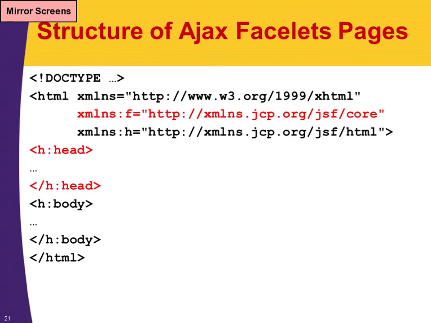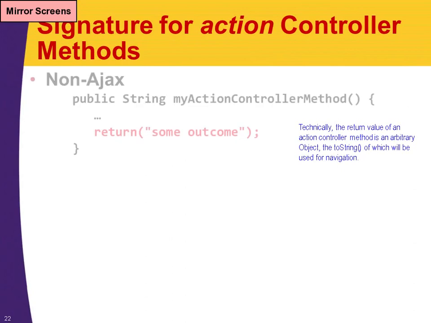So here's adding the f namespace, using the h:head, okay? So now you remember the idea of the action. Now this is the server side bean here. Generally speaking, the action in a command button or a command link, in a non-Ajax form, is designed to return a navigation string.